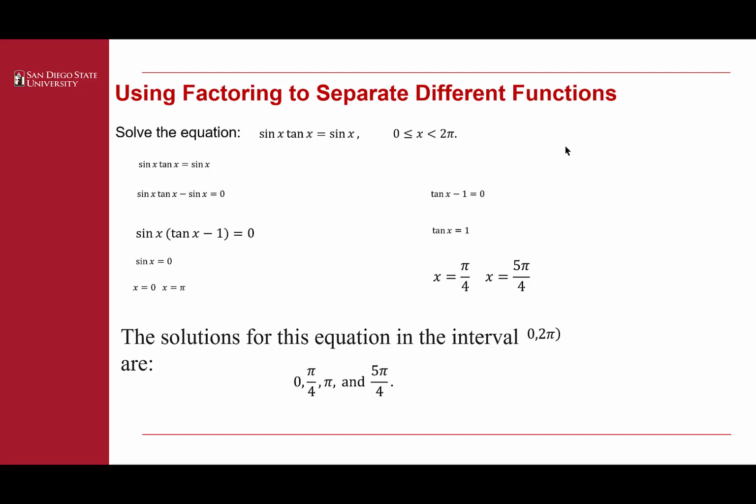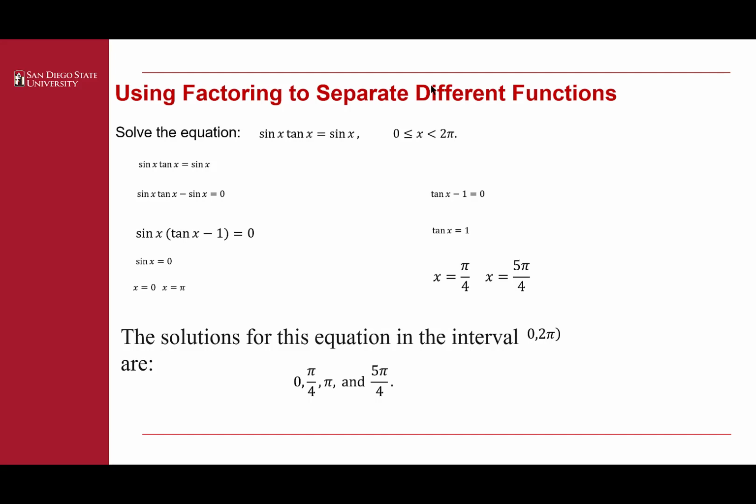Here we have a little different equation. Sinus x times tangent x equals to sinus x, where x is between 0 and 2 pi. Here, a very intuitive solution is dividing both sides by sinus x and getting tangent x equals to 1 as a result.